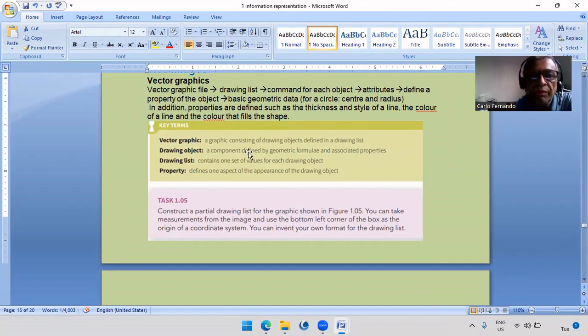Vector graphic: a graphic consisting of drawing objects defined in a drawing list. A drawing object is a component defined by geometric formulae and associated properties. Drawing list contains one set of values for each drawing object. And a property defines one aspect of the appearance of the drawing object.